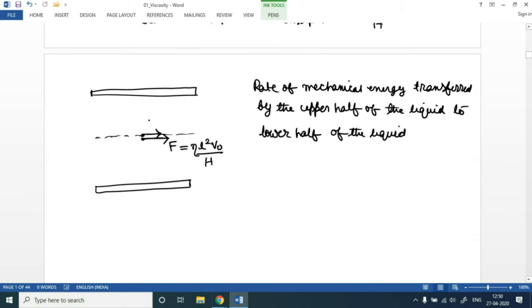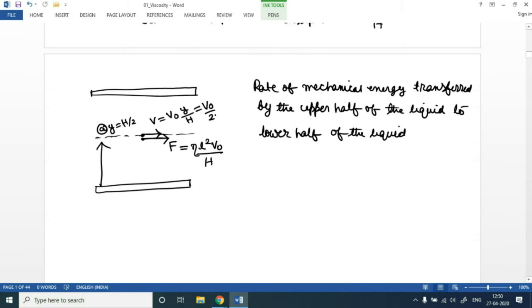The velocity expression was V is equal to V naught into Y by H, and here Y is equal to H by 2. You understand, that is Y is equal to H by 2.